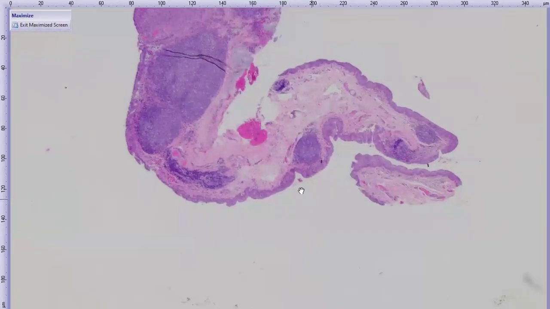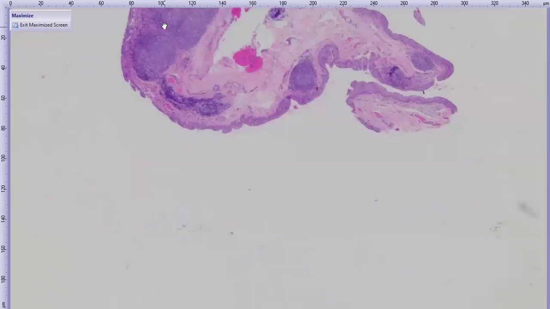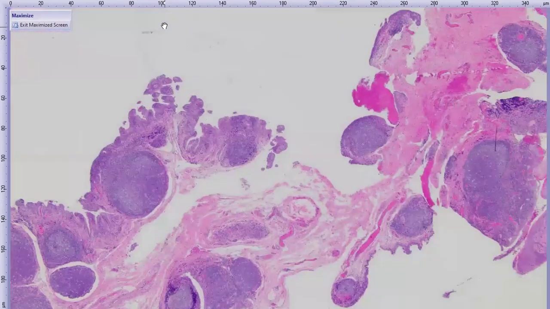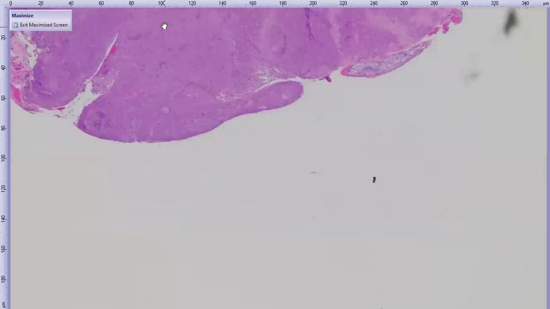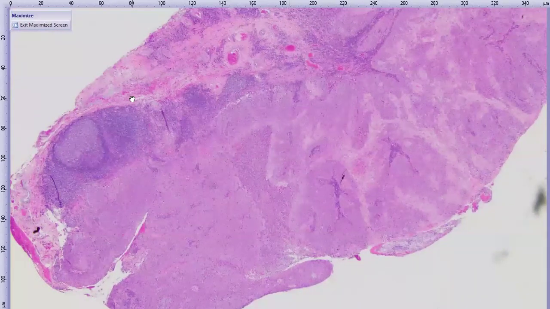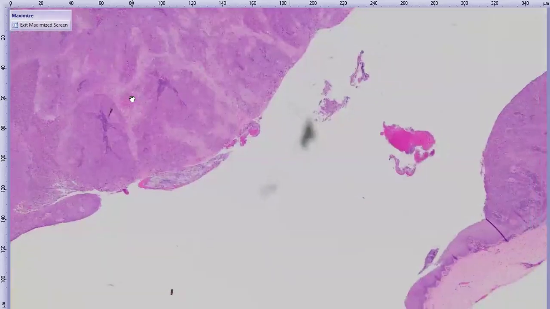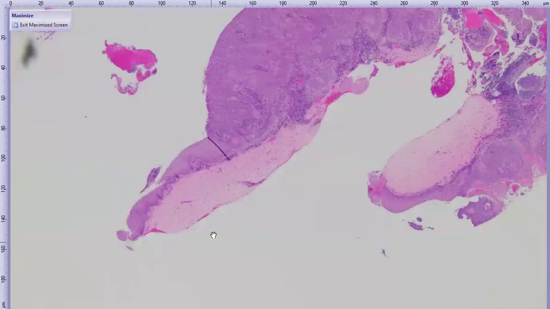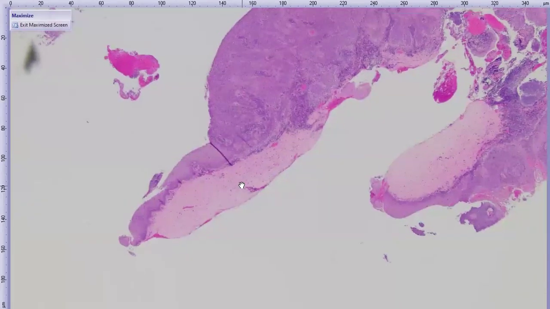We can also see that the epithelium gets very thickened. You can also see some of this maybe light blue material in the substantia propria, and we'll take a look at that closer in just a minute. We also have pieces of peripheral superficial corneal stroma, and this is where I'll start looking at what is causing this mass effect.